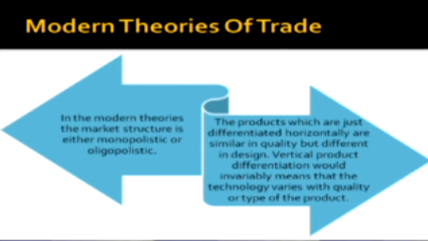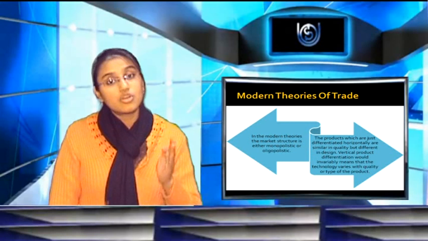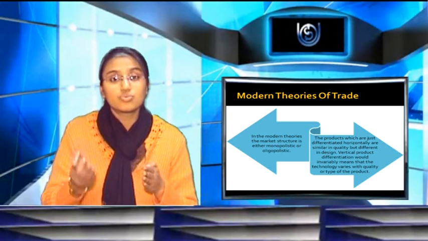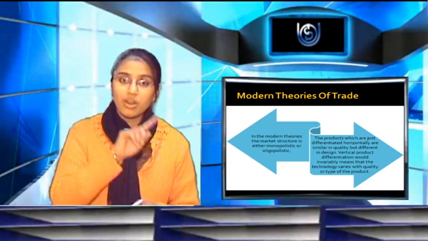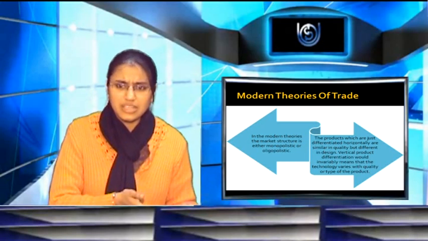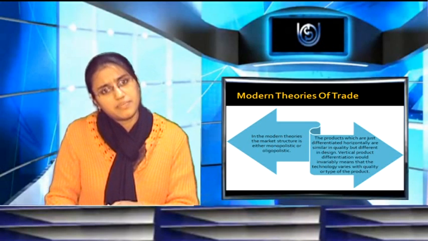Now the modern theory of trade. The modern theory of trade again brings changes. In the previous classical and neoclassical theories, we were assuming that there is perfect competition in the market and a constant rate of return to scale. Now in the modern theory, the whole market structure is neither monopolistic nor oligopolistic.